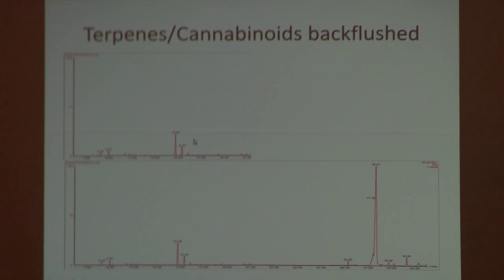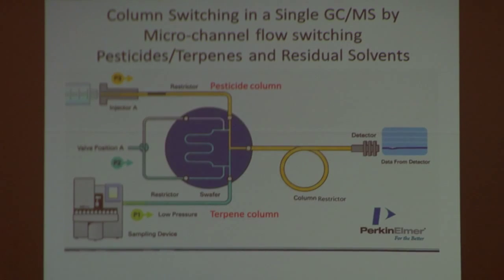And I think this is my last slide, column switching in a single GC, being able to have the headspace set up on one injector of a gas chromatograph with a terpene column and a second injector meant for liquid injections to a pesticide column, and depending on which method you load as to which injection actually goes to the mass spectrometer.